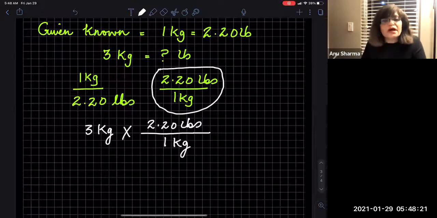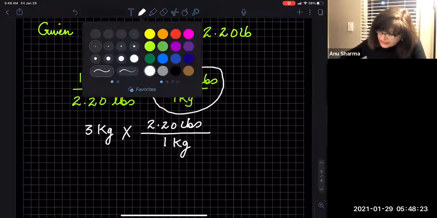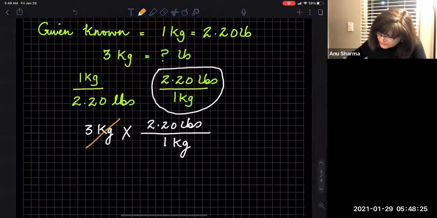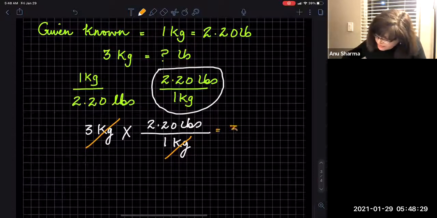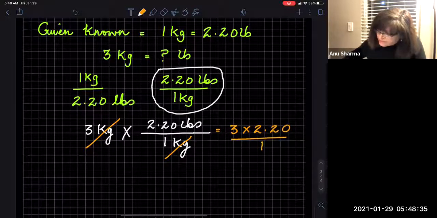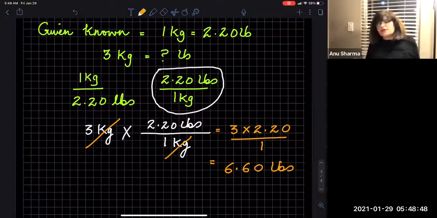Kilograms cancel out, and you are left with 3 times 2.20 over 1. So this becomes 6.6 pounds. Always write down the units.